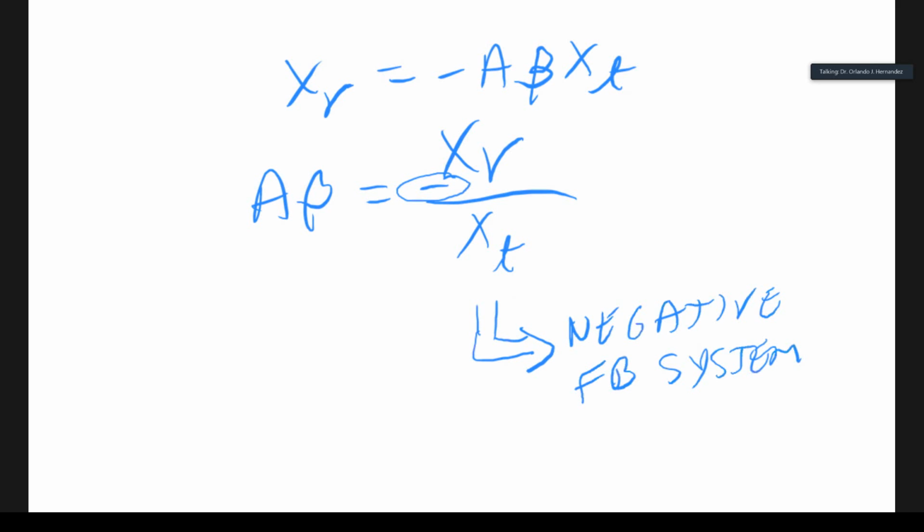Now let's look at the ideal case, because one of the things that we have said is that the forward gain A for op amps, for transistors, tends to be really high. Okay. So what if we look at the extreme case where that gain is infinite? Okay.